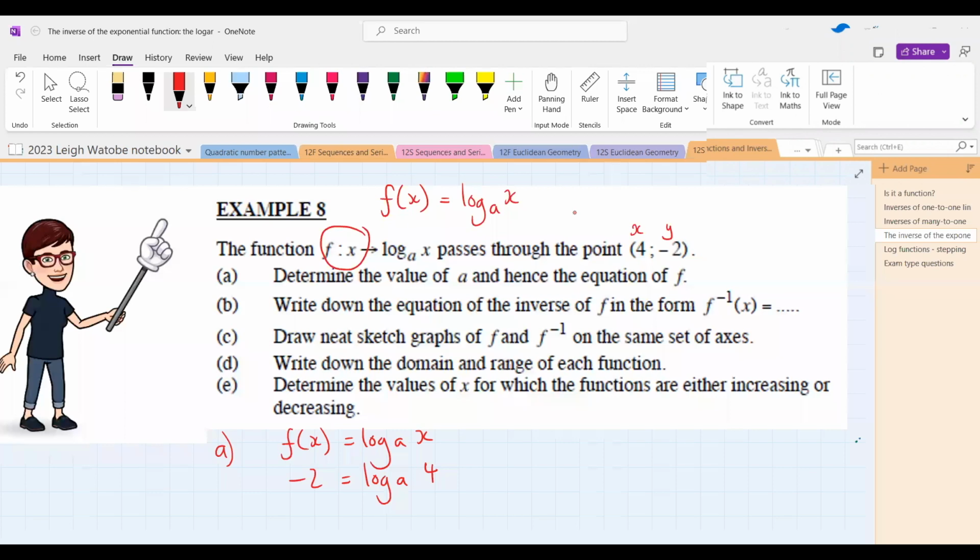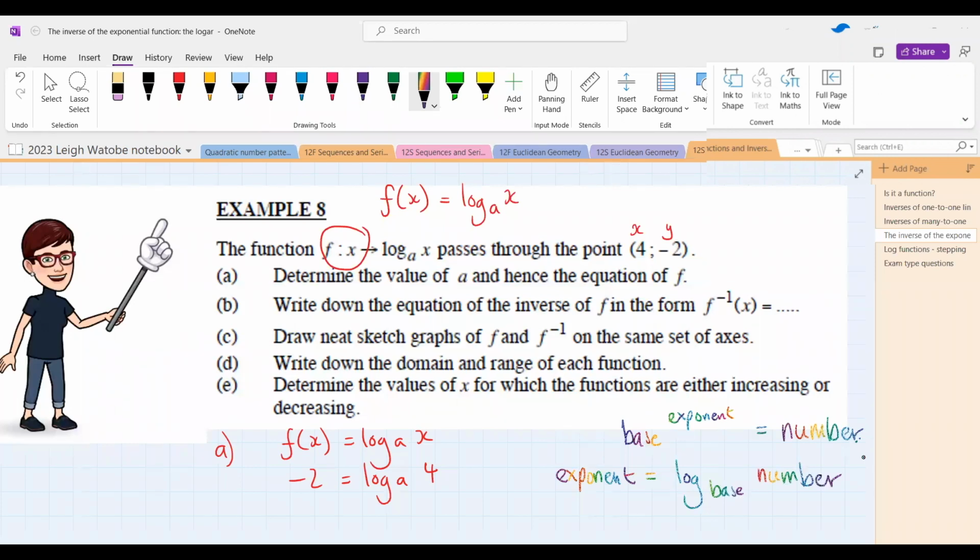Now we need to be able to go backwards. Remember, this is very, very important. I'm just going to write this again on the side for you. Our base to our exponent is equal to our number. Then our exponent is equal to the log base of our number.